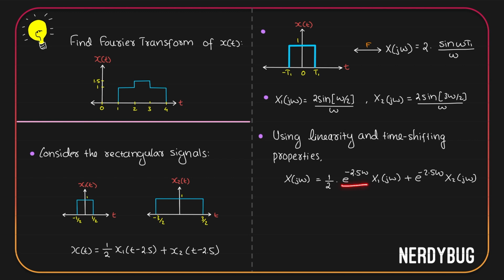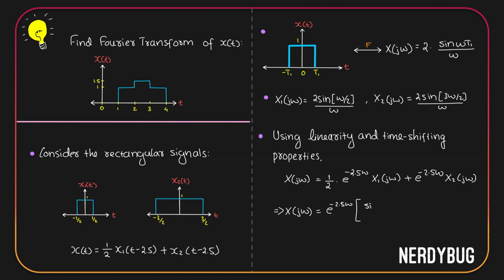We can take e raised to minus 2.5 j omega out because it is common in both terms and give the expressions for x1 of j omega and x2 of j omega from here. We get the final answer. X of j omega is e raised to minus 2.5 j omega multiplied by half times 2 sine omega by 2 by omega. 2 and 2 can get cancelled.